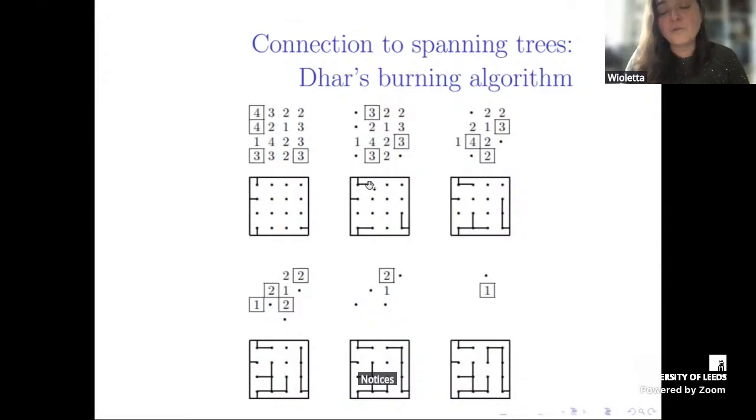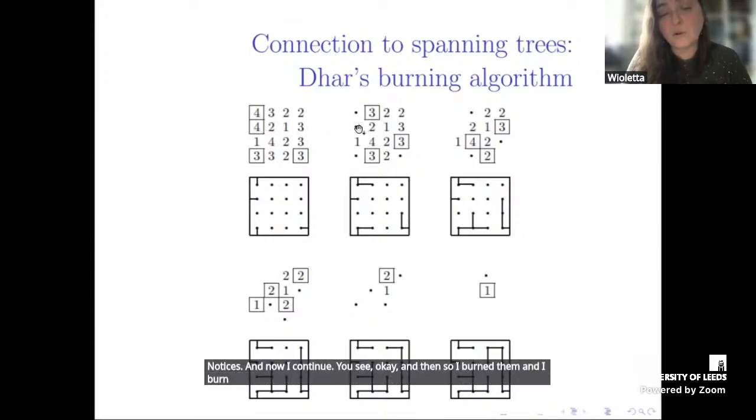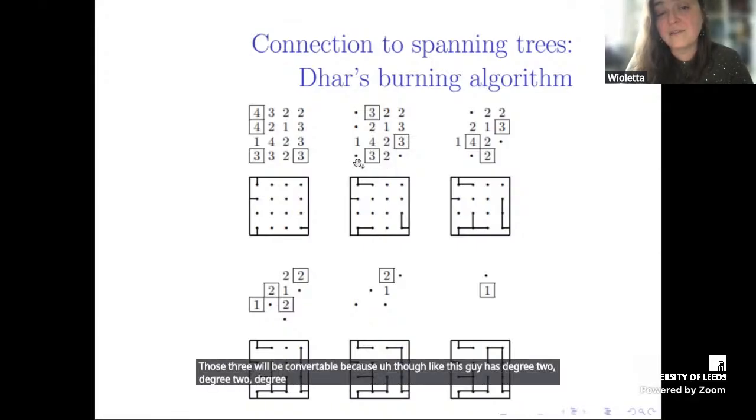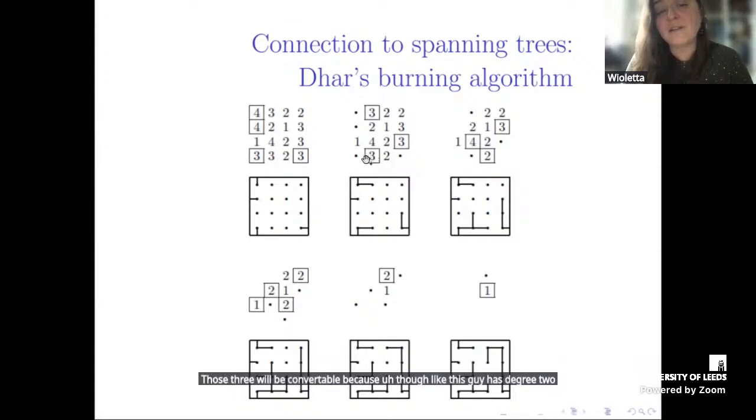And now I continue. I burn them, and I burn all the connections and all the edges emanating from those 4. And then in the second step, for the second burning time, those 3 will become burnable, because this guy has degree 2, degree 2, degree 2, and before they had degree 3. So before they were not burnable, but since I burned this connection, this and this became burnable as well.